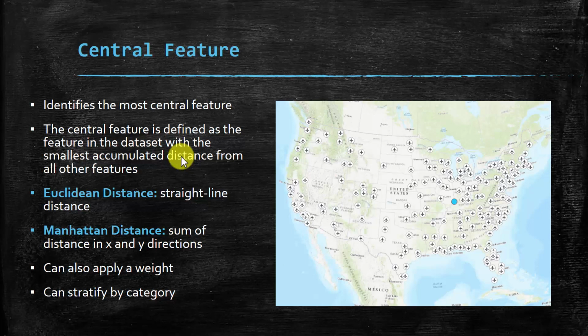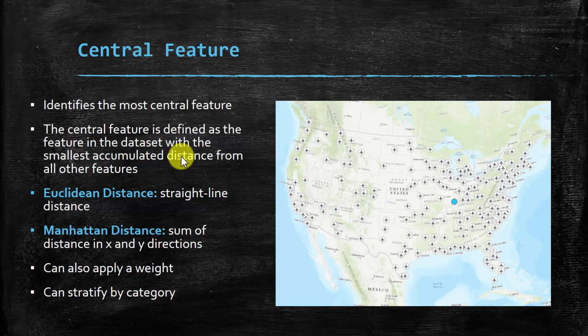It's also possible to apply weights. So, for example, with these airports, if we had a measure of the number of people that use that airport in a given amount of time, we could use that as a weight. So airports that had higher traffic would have a higher weight in this calculation of accumulated distance than airports that had less. You can also stratify by category.